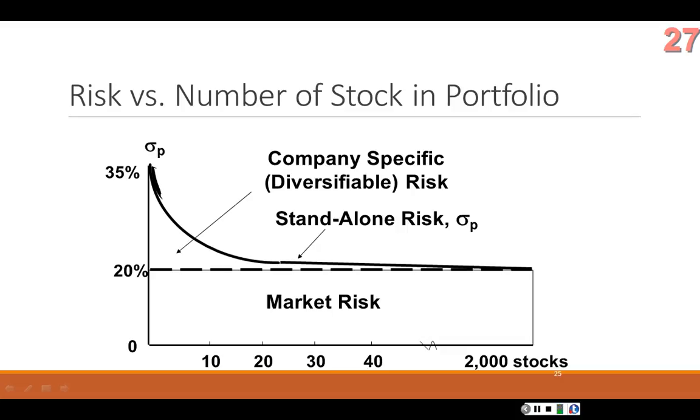This risk reduction is very significant until we hit around 15 to 20 stocks, and then it levels out. Once you hit 15 to 20 stocks, the incremental benefit of adding another stock is very small.